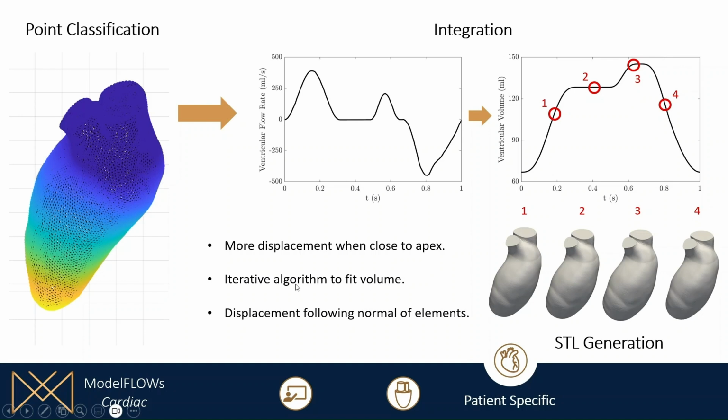We'll use an iterative algorithm to fit the volume, and the displacement here, as we don't know, it's not as in the ideal case where we have a semi-ellipsoid and we know how the axis is moved with the volume equation. Here we're going to displace the points along the normal when we grow to the outside and when we are reducing the volume to the inside.